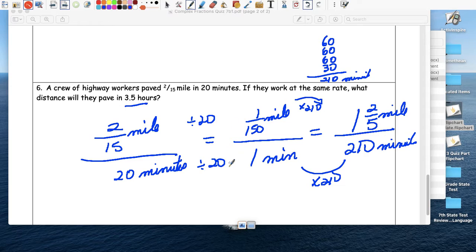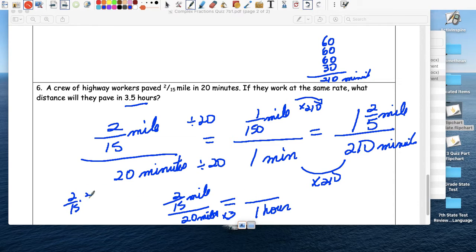So if you found the unit rate in terms of minutes, that's fine. You could have also done it by hours. This is 20 minutes, right? So to find the unit rate in terms of 1 hour, the bottom should be 20 minutes, so it would be times 3, which gives you 60 minutes, or 1 hour, and you multiply the top by 3, so 2/15 times 3, you get 2/5 of a mile in 1 hour.